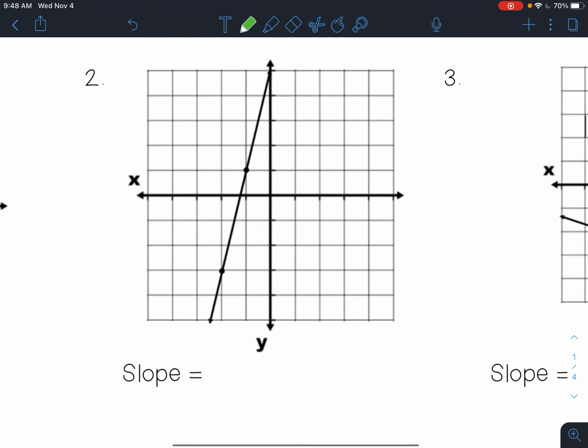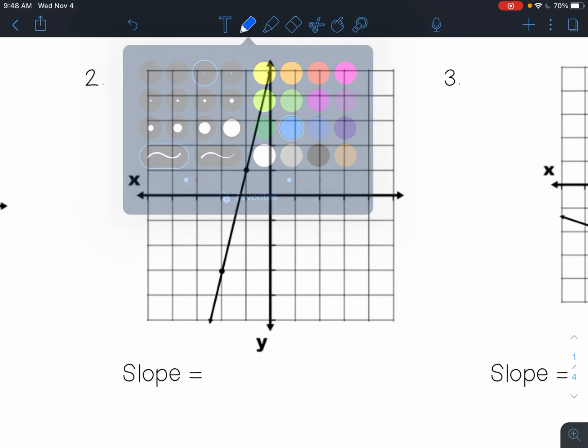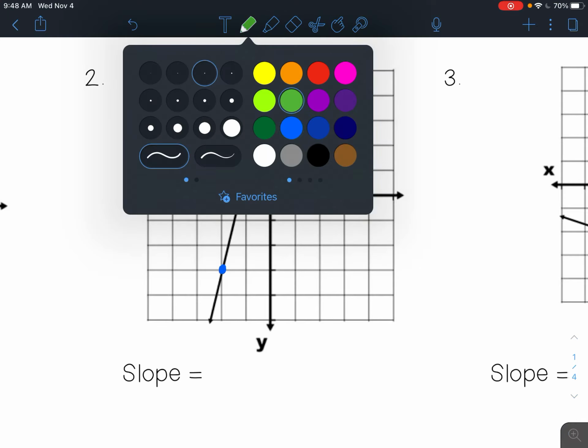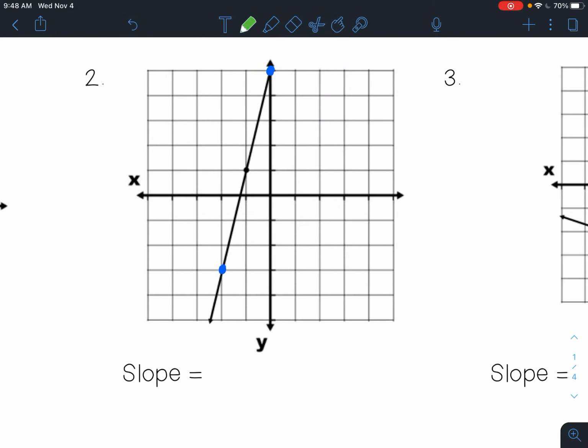Okay, we'll try a couple more. For this next one, I've got 3 points that I could choose from. It doesn't matter which 2 you use. Let's use 2 that are spaced out a little bit further. Again, it does not matter which direction you go, whether you move from left to right or top to bottom.